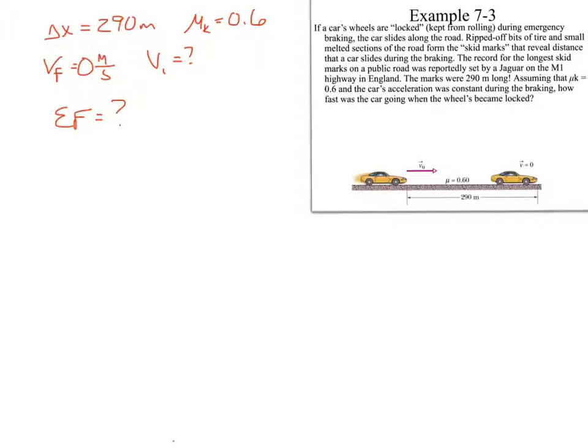The only thing bringing the car to a stop is the force of kinetic friction, kinetic friction between the wheels and the pavement. That is the net force that is bringing this car to a stop.